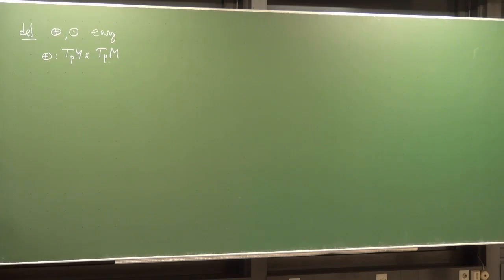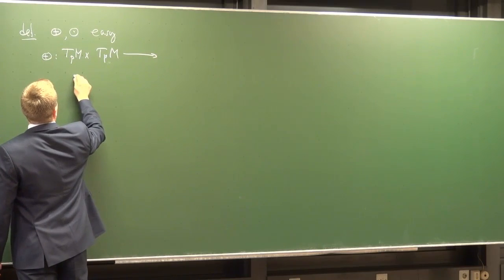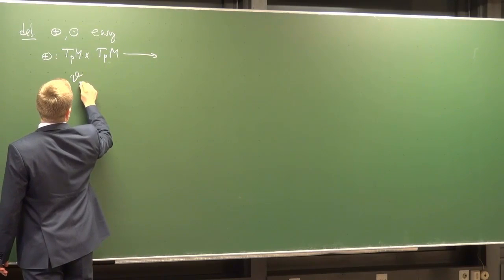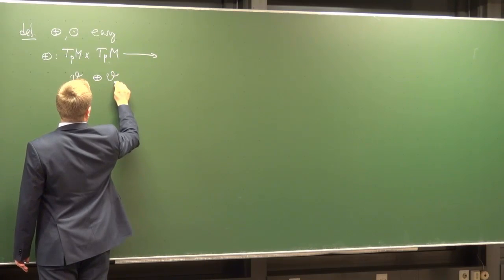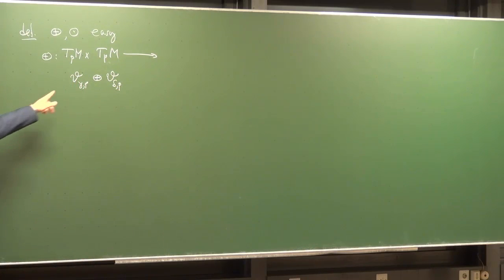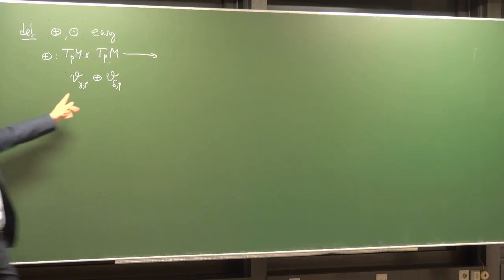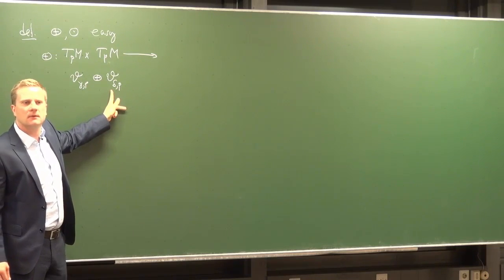That's not possible. But you can take two vectors at the same point, and you can immediately add them. So you get v_γ,p plus v_δ,p. It's a vector because all the elements are velocities to some curve. Two different elements will be defined with respect to different underlying curves, right?